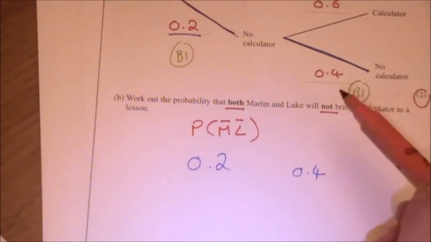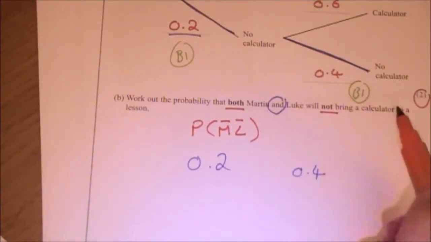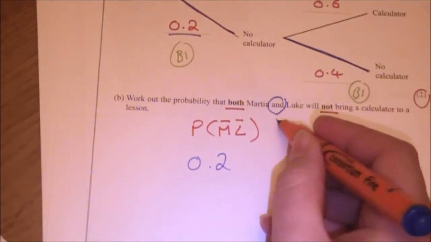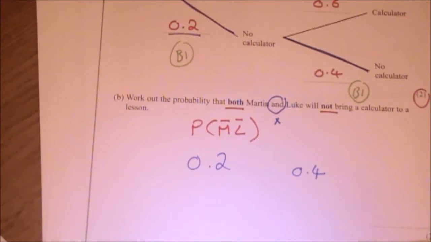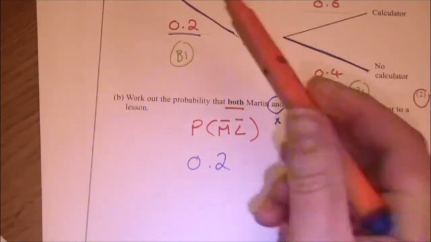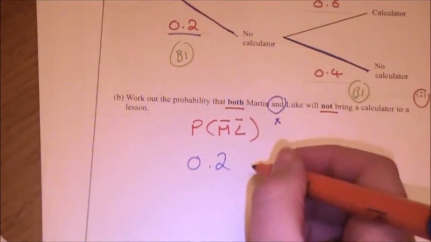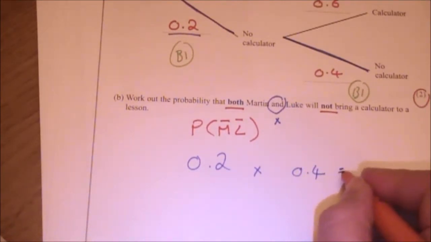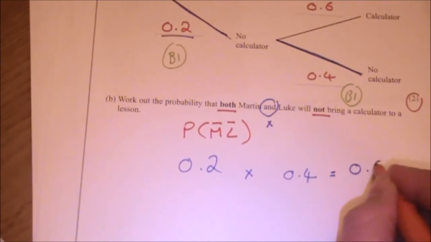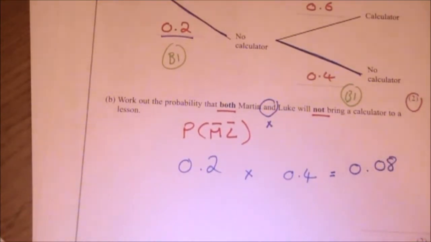Now with probability, the fact that I'm looking at an AND means I multiply. If I was looking at an OR, I would have to add. But because I'm looking at an AND, and it means going across the tree, I have to multiply. And 0.2 times 0.4 equals 0.08.